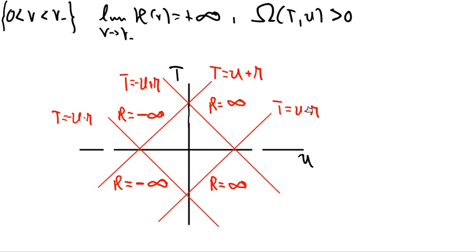So in this case, big R equal to infinity corresponds to small r equal to r minus. So I can put here r equal to r minus, and the same here, r equal to r minus.